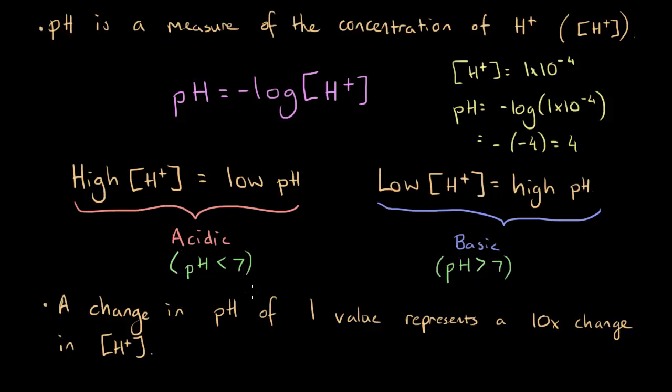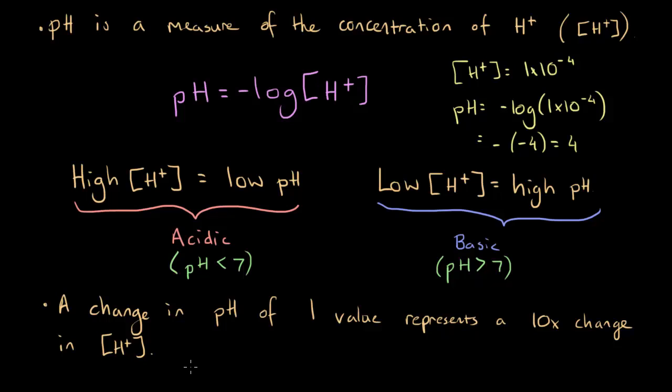If it is a pH of less than 7, it's acidic. If it's a pH of greater than 7, it's basic. A change in pH of one value represents a 10 times change in the concentration of H+. So therefore, if you changed 2 pH values, then that is a 100 times change in concentration. 4 values is a 10,000 times change in concentration.